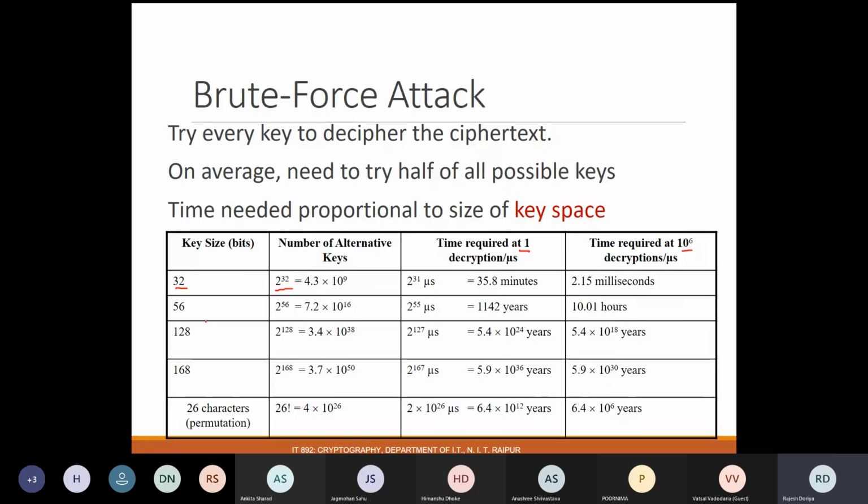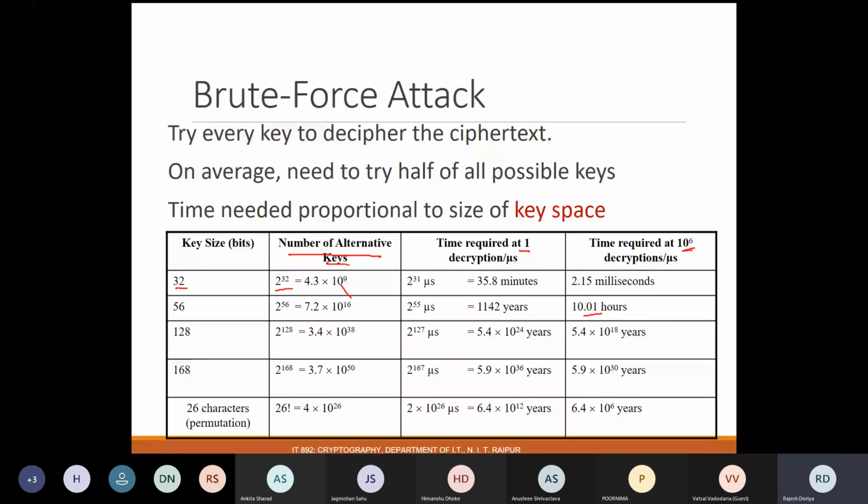And if we increase the key size, let's say from 32 we jump to 56, then with this speed, this is the time we are going to spend, and with this speed, which is 10 to the power 6, this is the time we are going to spend. So what we can observe here is that if the key size is more, then the number of alternative keys is also going to increase.